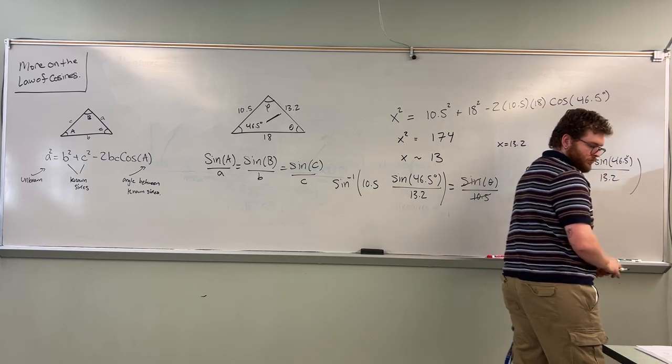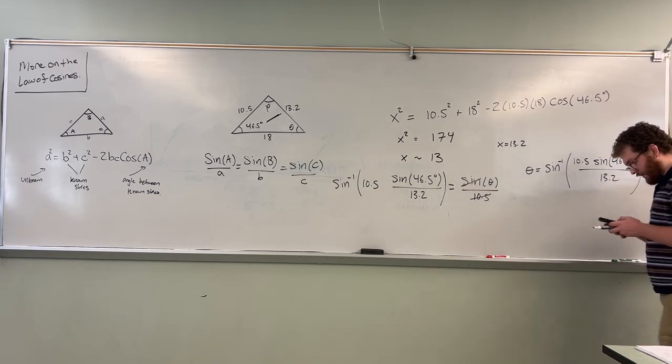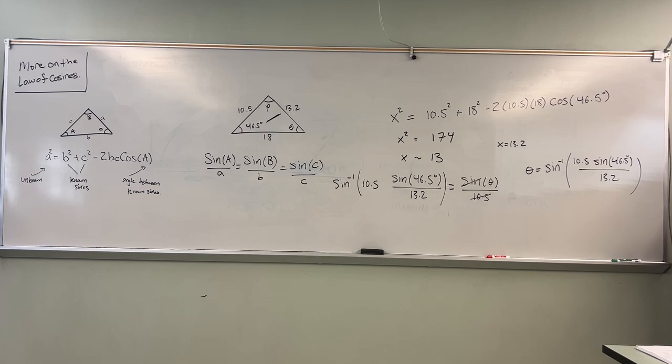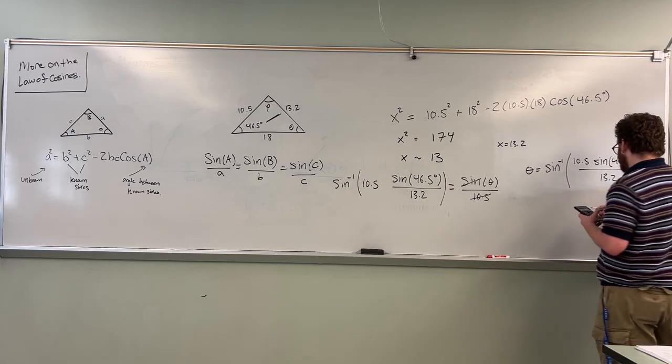And let's see if I can get this in my calculator correctly this time. 10.5 times sine of 46.5 divided by 13.2. I get 35.2 again.